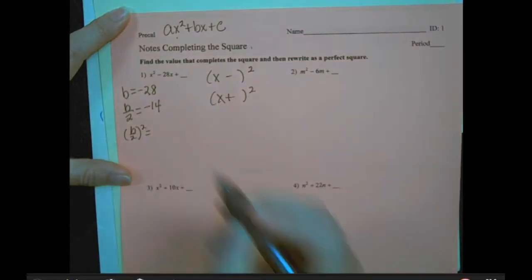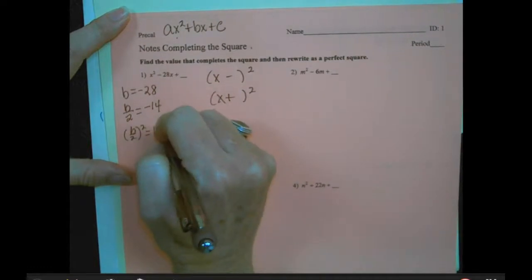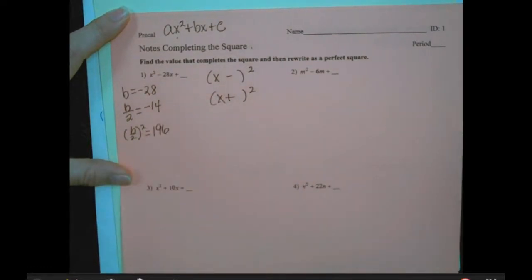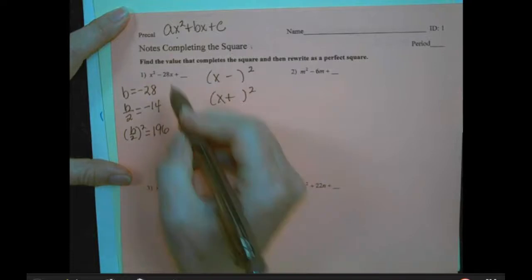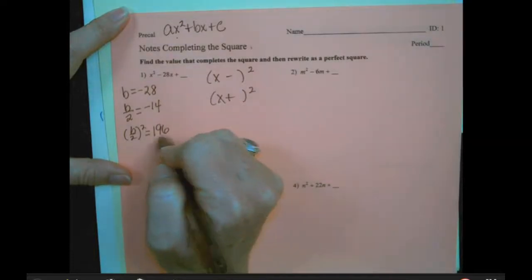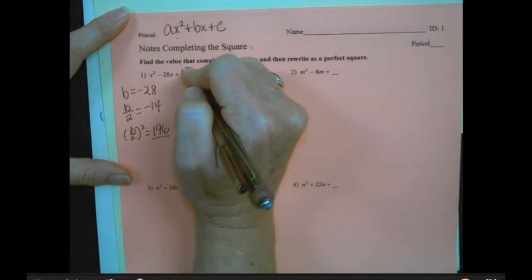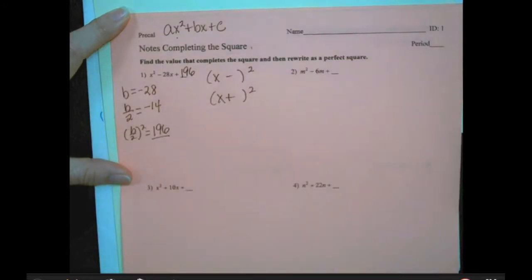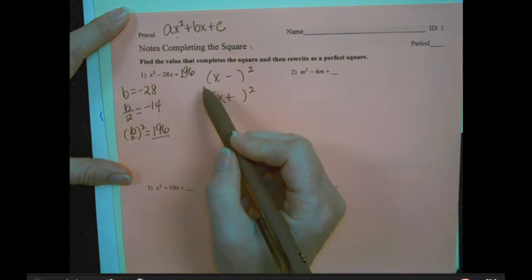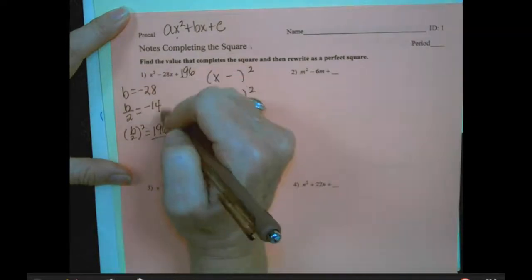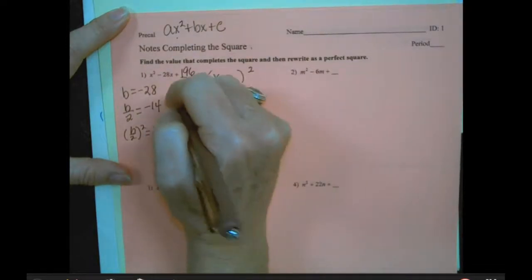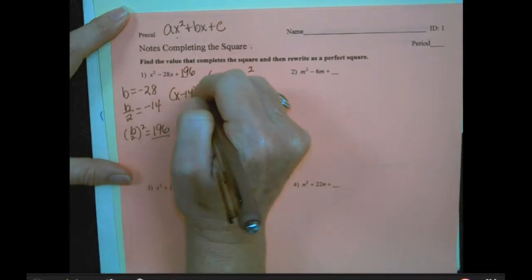And the b divided by 2 squared is 196. So to complete the square, we're going to use this number right here, 196. And to write it as a perfect square, I use the b over 2, which is x minus 14 squared.